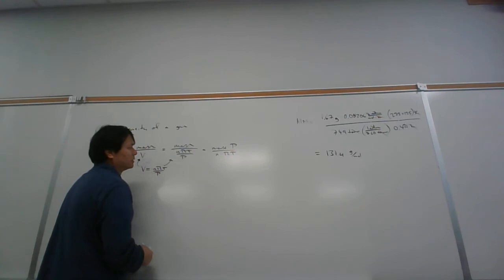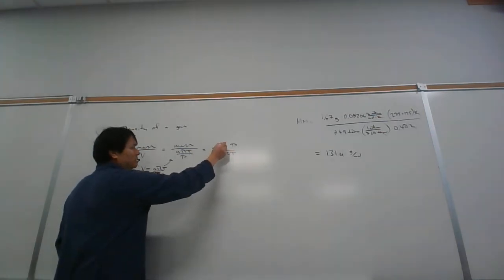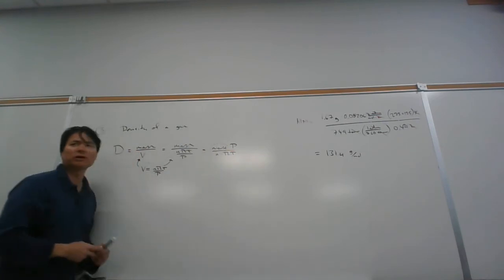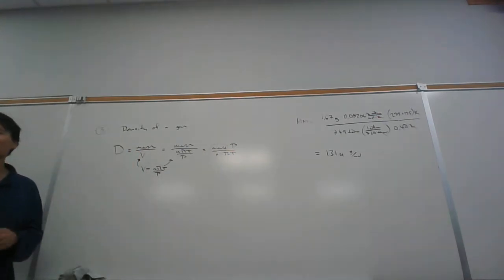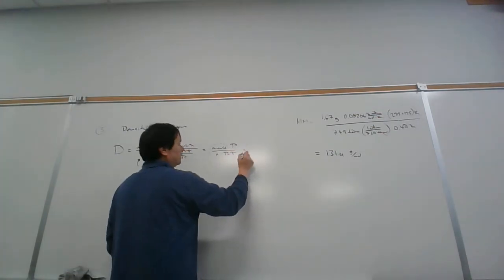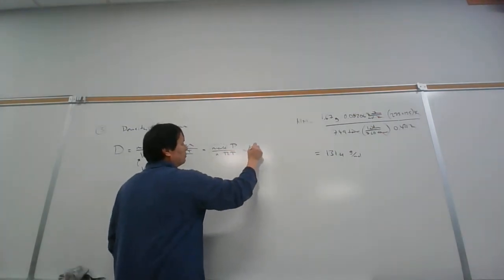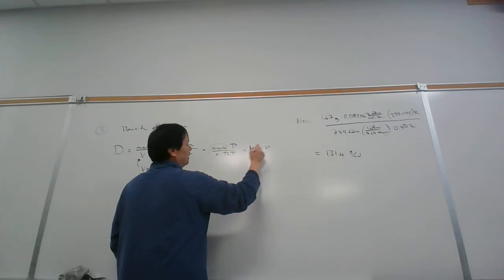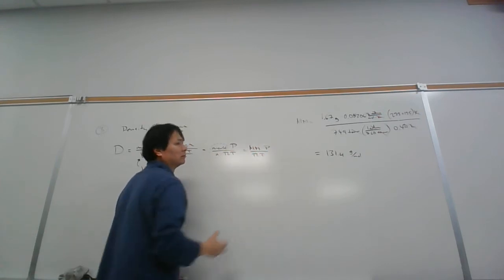One of the useful things with this is the mass over n. What does that equal? Mass over moles is grams per mole. Grams per mole is just the molar mass. And so this is equal to the molar mass times P divided by RT.